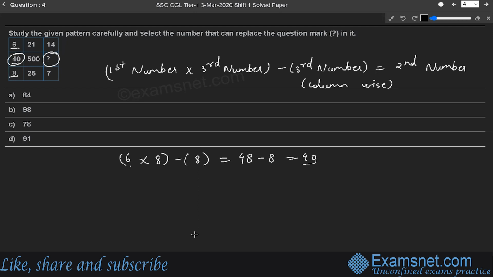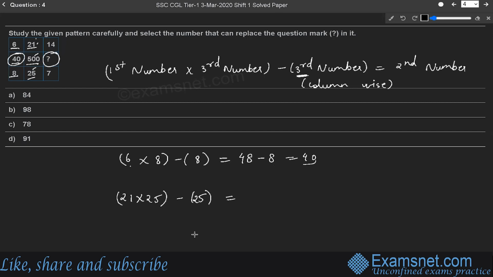Similarly, applying the concept for the second column. The second column has the numbers 21, 500 and 25. First number is 21, second number is 500 and third number is 25. Applying the concept, first number into third number means 21 into 25 minus third number, minus 25.